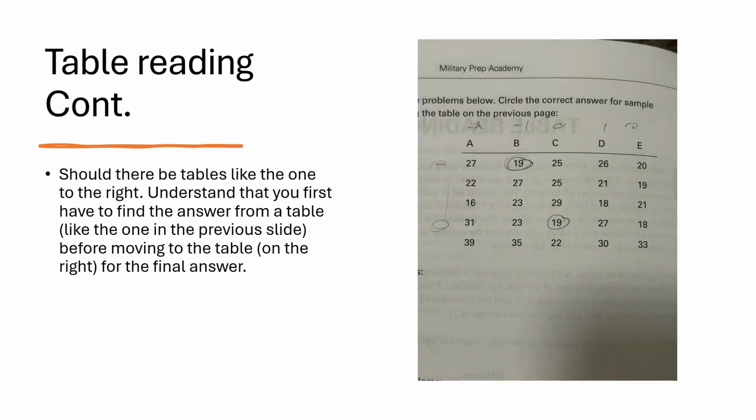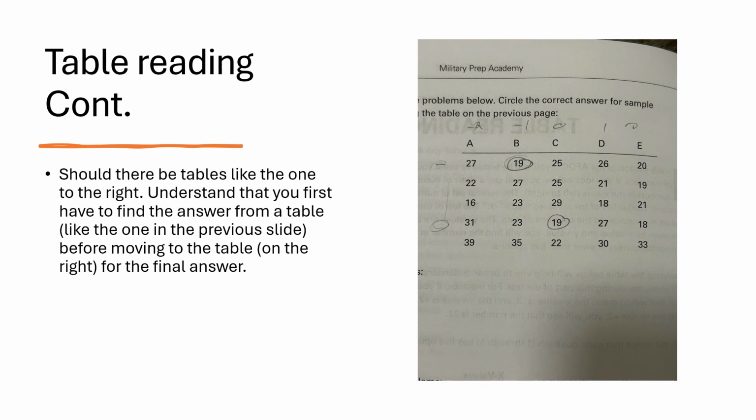There is a chance that you will get another chart. Now, I haven't seen the purpose of this chart really. You can ignore it. If it is given on there, understand that the number from the first table, which is the table that you would have gotten from the last slide, you would then find the number that correlates to this table.